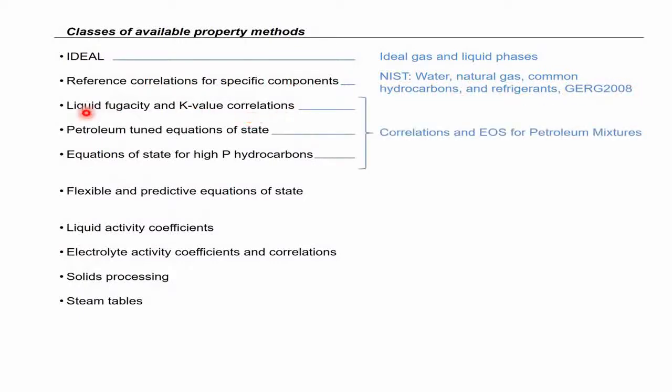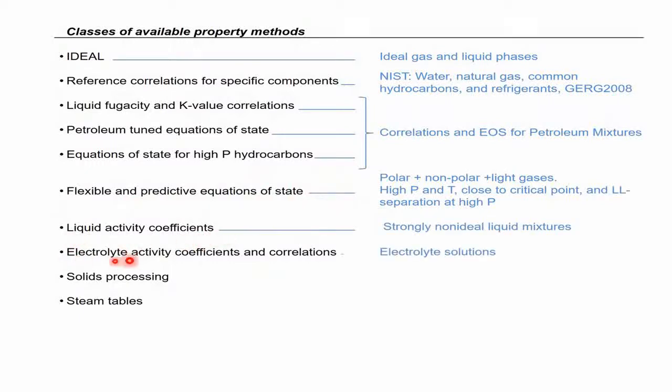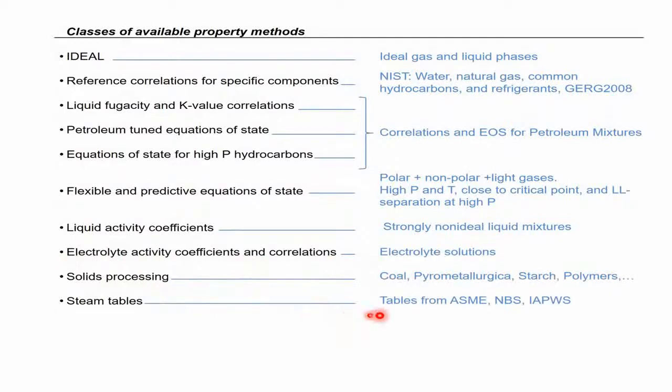Next, there are several models suitable for petroleum mixtures using correlations of fugacity of key values or specific equations of state. The next group is the one we introduced in the previous slide, flexible and predictive equations of state. Next one, liquid activity coefficients, electrolyte solutions, some models for solid processing, and finally specific equations for steam from several reference institutes.